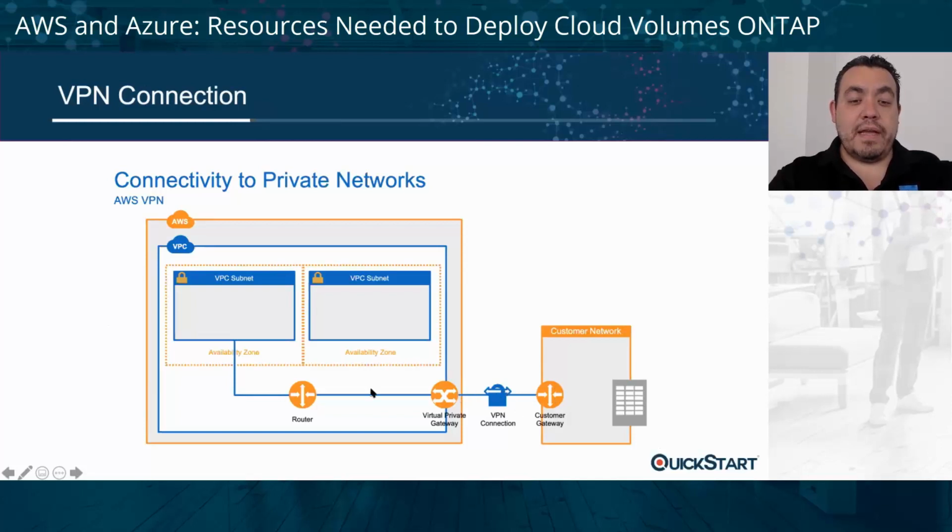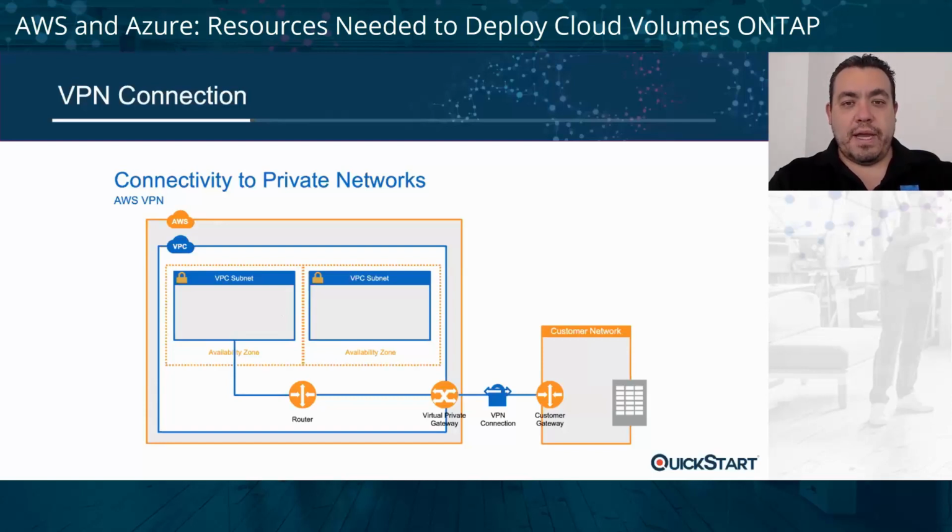Once you enable the VPN, and then we go past the router and different routes that we have within the VPC, then we should be able to access that CVO and shares and exports and LUNs that we can deploy on that CVO. Okay, so that's just a quick overview on some things that you need to deploy so you can install and you can have your CVO up and running.